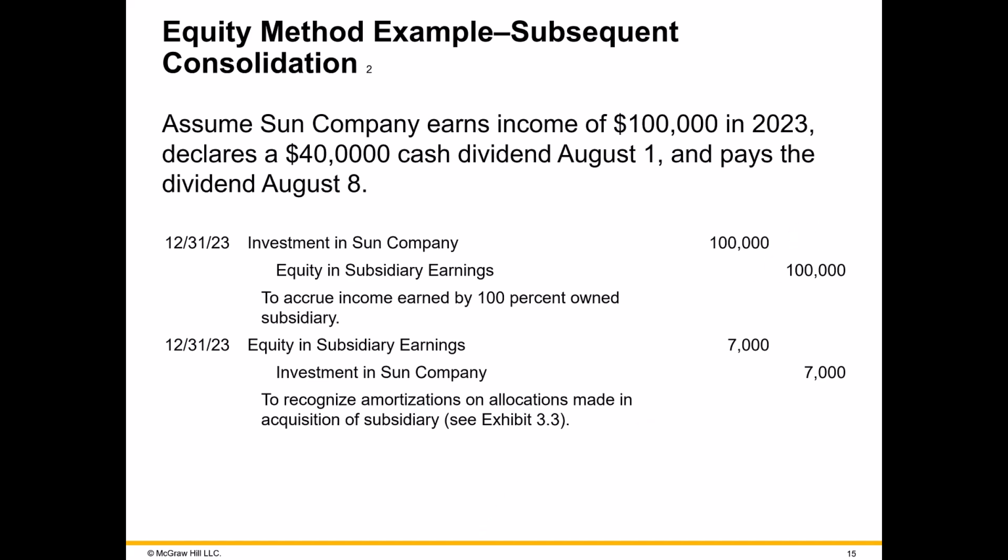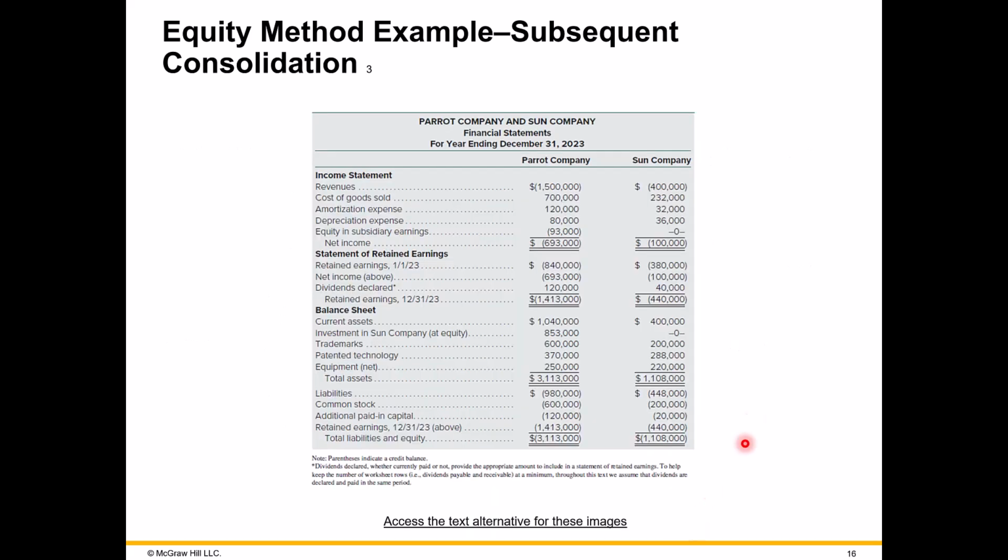Because you do not want to double count this net income. And it's already going to be counted when you add up the revenue and expenses of the sub with the parent. So if you don't get rid of this, you're duplicating this net over here.